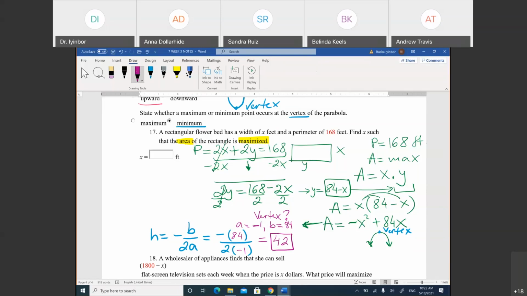So what is x? 42, that's right. So this is the x. Now, if they ask what is the maximum area, then you have to find k, you have to plug it in. But they're not asking for that, they're asking to find x, and finding x is technically h in the vertex. So that's how you do it. Any questions on this?